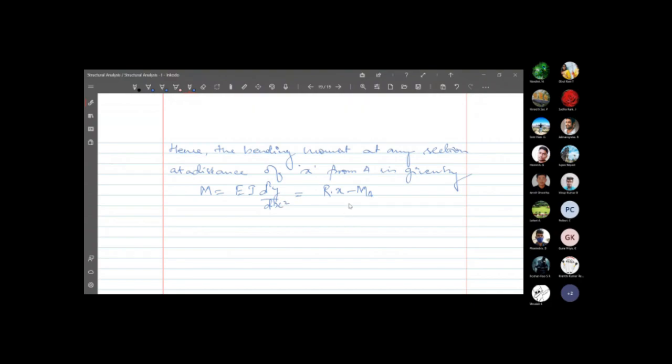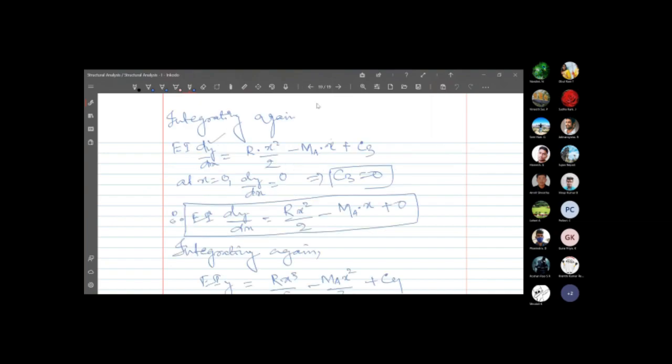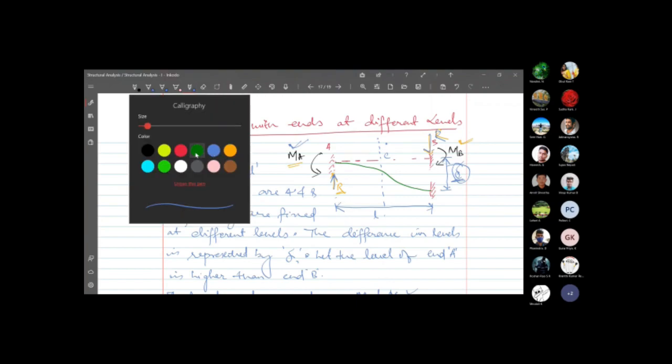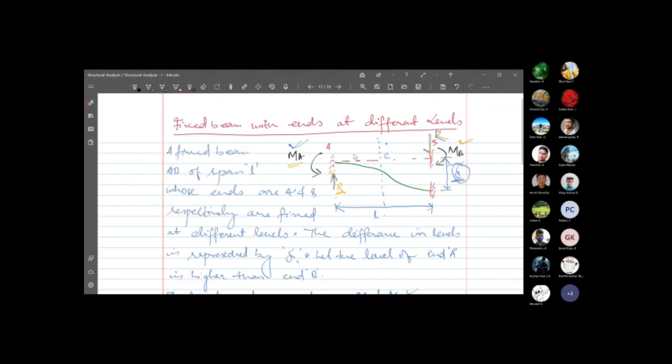So how did I get that value? Let us say I'm taking a section here. If I take a section here, then it will be R into x minus ma, the moment at any section.